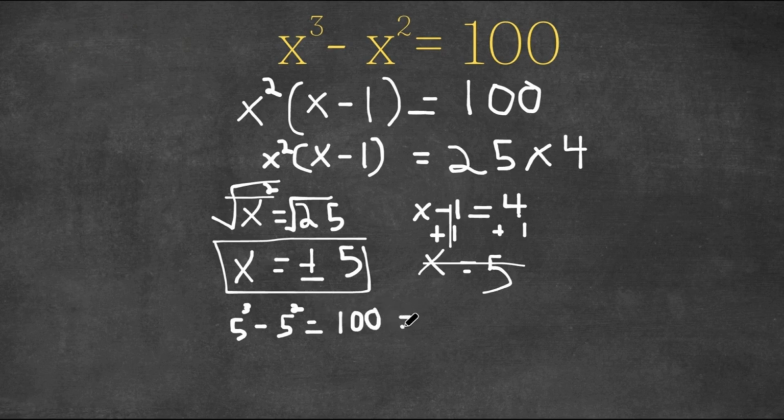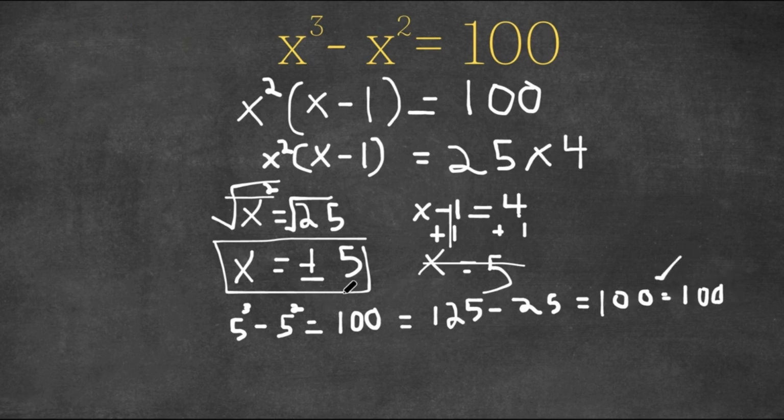Now, this would equal, well, 5 to the power of 3 is 125, and minus 5 squared is 25, and 125 minus 25 is 100. So 100 equals 100, and this is right, so 5 is a solution.